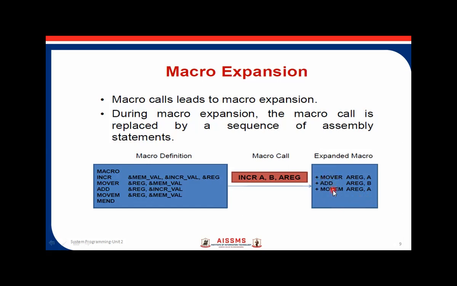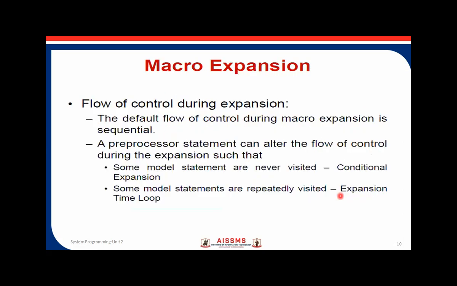In that case, it is convenient to define a macro and put those three steps in the macro, and whenever these three steps are required, you simply make a call. The macro call will be replaced with these three instructions, and you need not write these three instructions repeatedly in the code. So this is the use of the macro, and this is how the macro expansion takes place.